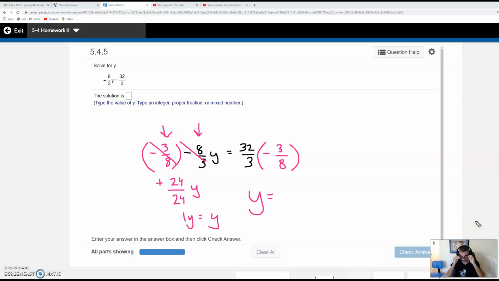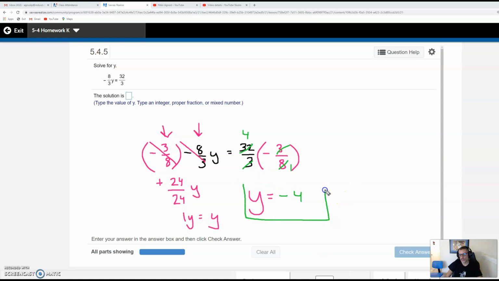For example, if you have the same number top and bottom, we can cancel those. We know our answer is going to be negative because we have one negative sign. And let's see, 32 and 8, those have a common factor of 8. So if I divide them both by 8, this becomes a 4, this becomes a 1, and 4/1 is just 4.